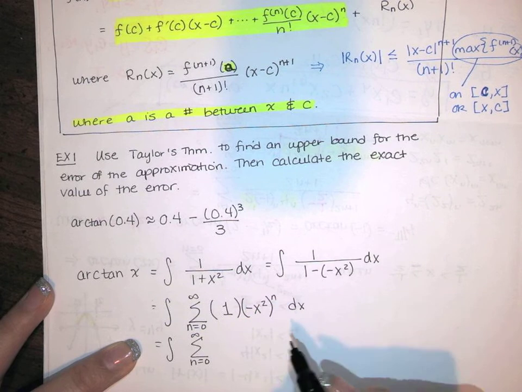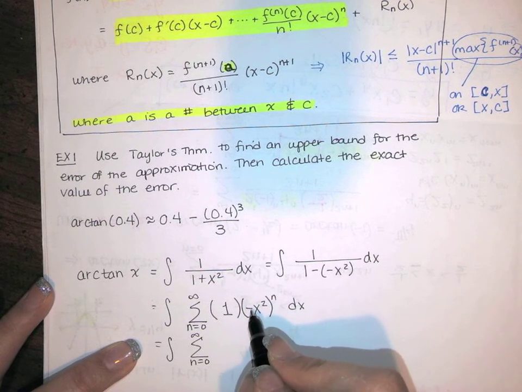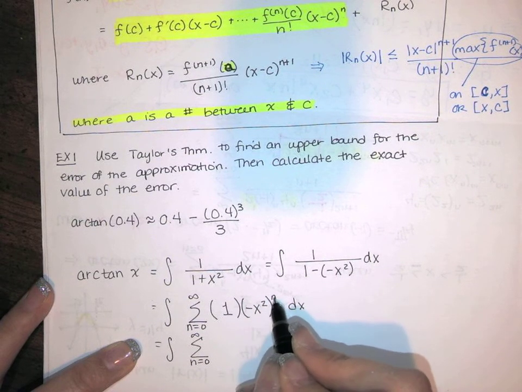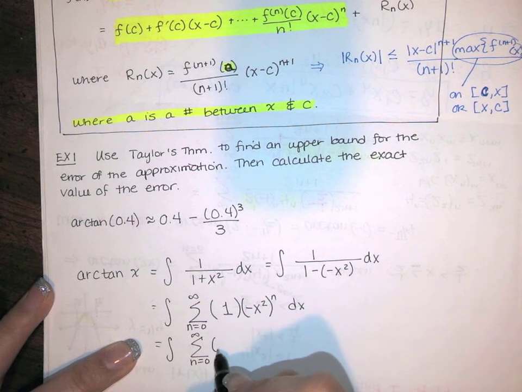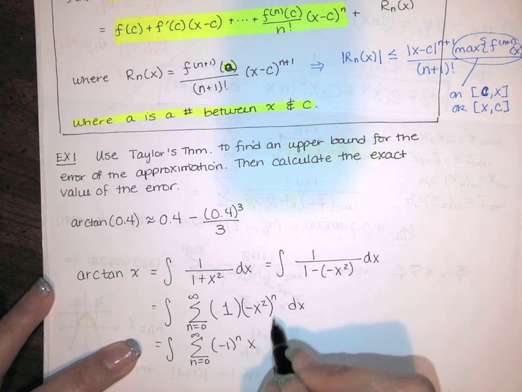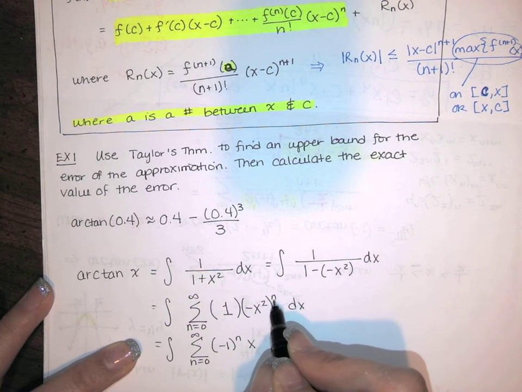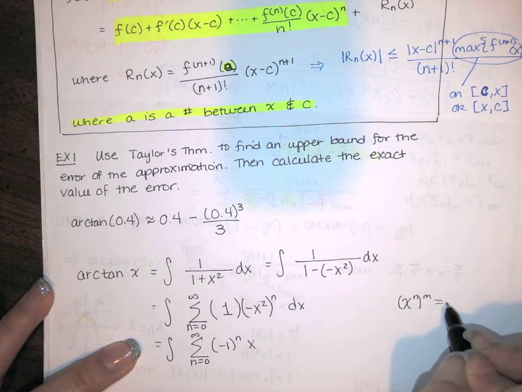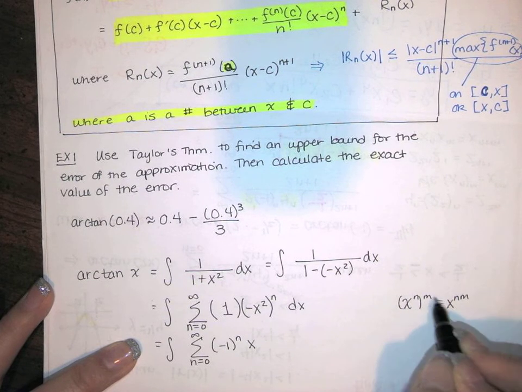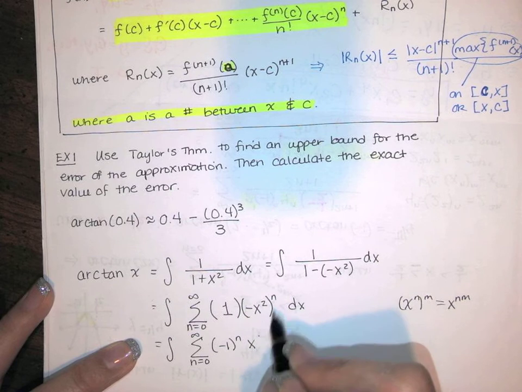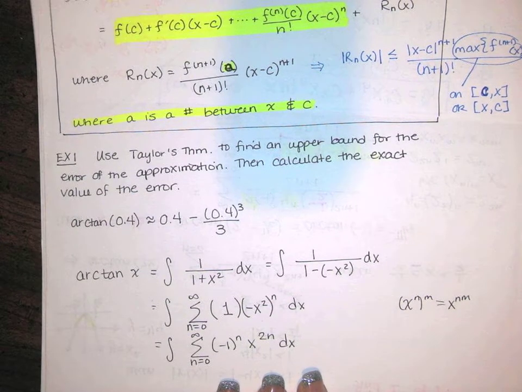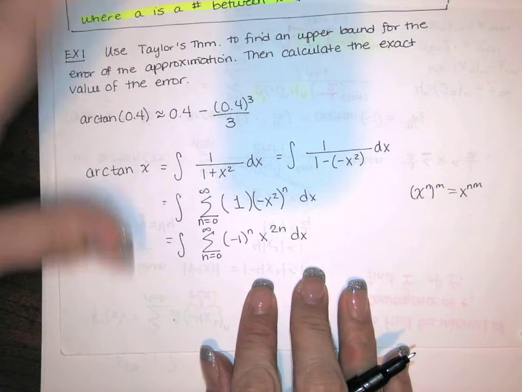I do a little bit of algebra. I've got two factors: a -1 as a factor and an x squared as a factor, so I'm going to apply that nth power to each of the factors separately. And x squared to the nth, because of this property right here from algebra, I can just multiply those exponents, that's x to the 2n, and we're anti-differentiating with respect to x.